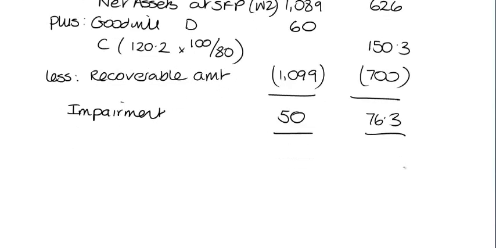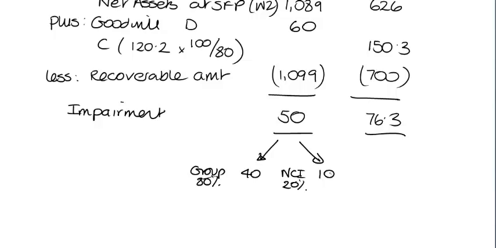If you are using the full method, then you split the goodwill between the group, who has 80%, and the NCI, who has 20%. So we split them at the SFP date in the ratio of 40 to 10.